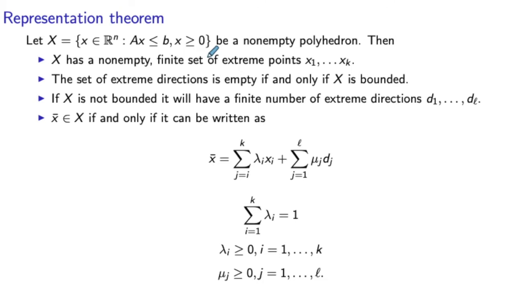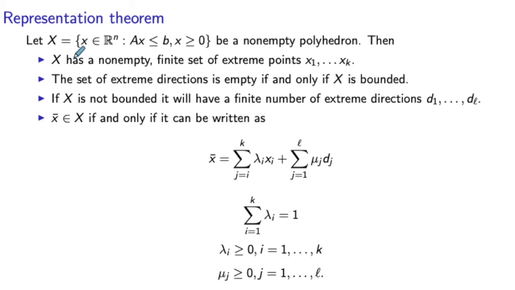So we need to choose n linearly independent defining hyperplanes from the set of n plus m total defining hyperplanes. Therefore, n plus m choose n will give us an upper bound on the number of extreme points that we have. So this shows that you have a non-empty and finite set of extreme points.